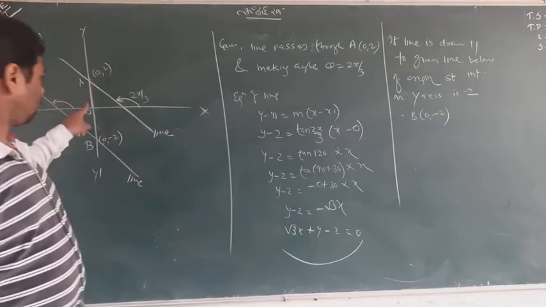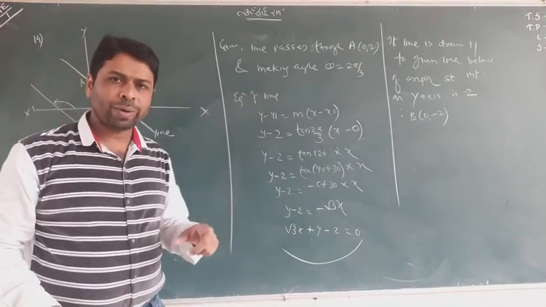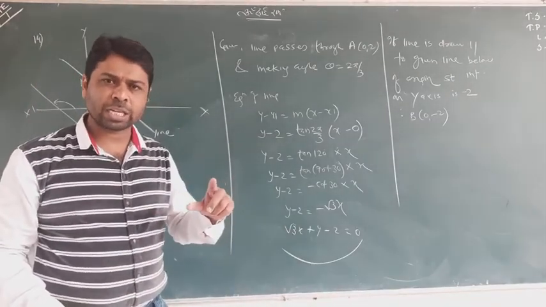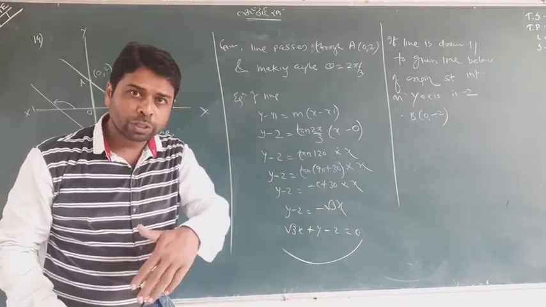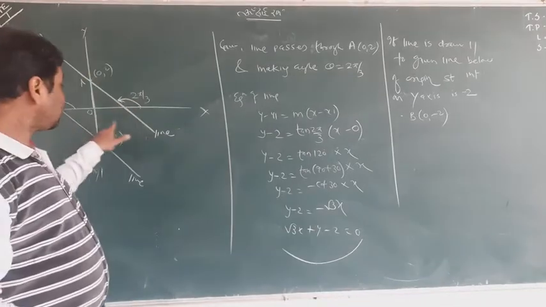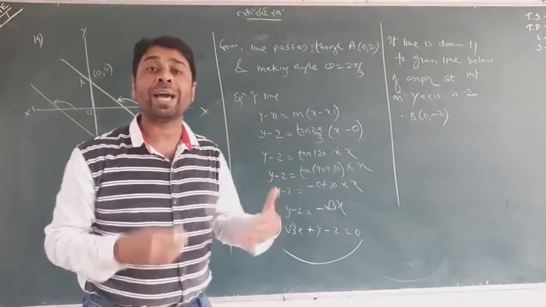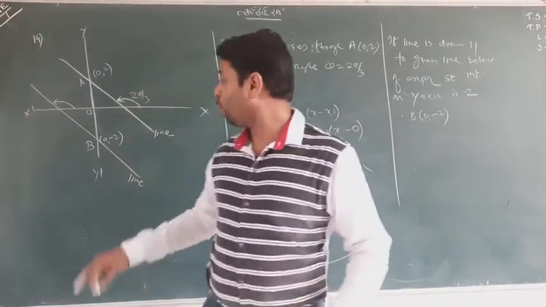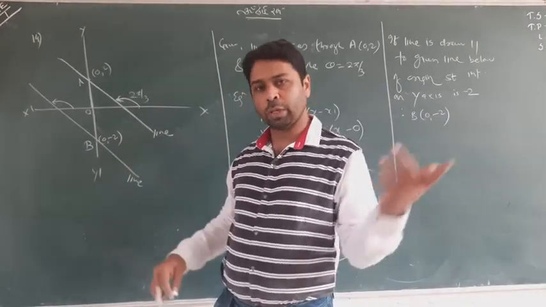Can you see? Whenever we talk about distance, we can say the intercept is 2, but since it is below the origin, automatically the point will be (0, minus 2). So we have two ways. We can say c equal to minus 2 and use y equal to mx plus c, or if you put the point (0, minus 2), you can use the one point form.